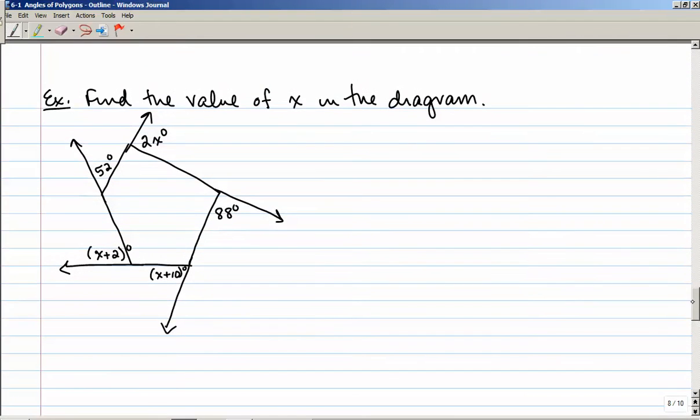So let's take a look at a couple examples here. We need to find the value of x in this diagram. Again, we have a convex pentagon because it has 5 sides, and degree measures for all of the exterior angles. All of those exterior angles will add up to 360. So let's write an equation for that.